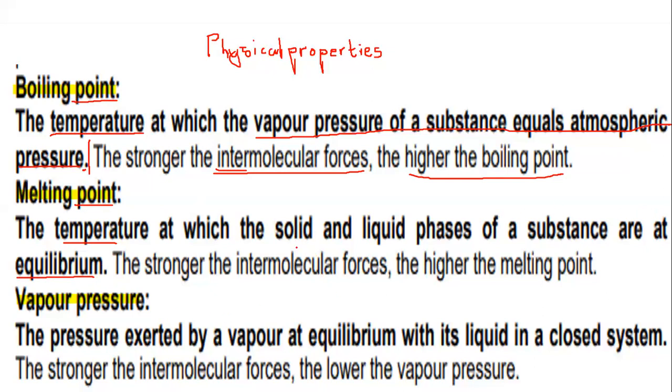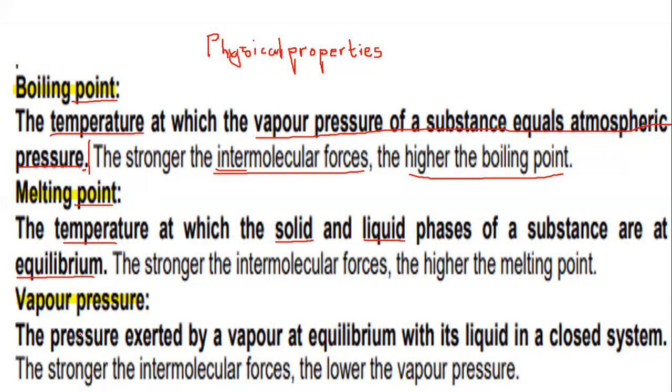Now, how do you know that you need to talk about solid and liquid? Because you know that when a substance is actually melting, it is changing its state from the solid state into the liquid state, or the solid phase into the liquid phase. So when the two phases of that substance are at equilibrium, then that particular temperature, when they are at equilibrium, we refer to that as the melting point.